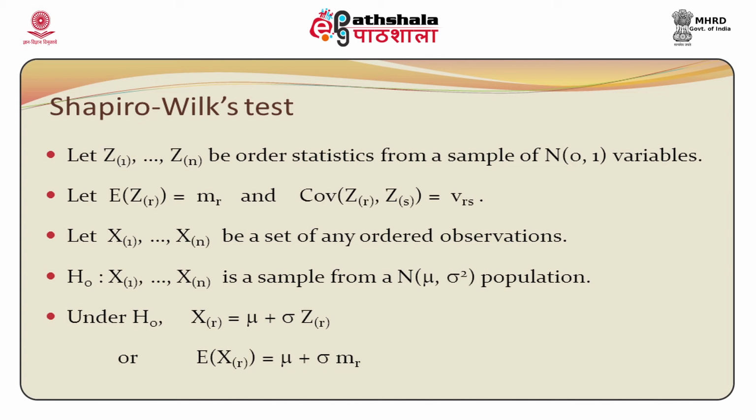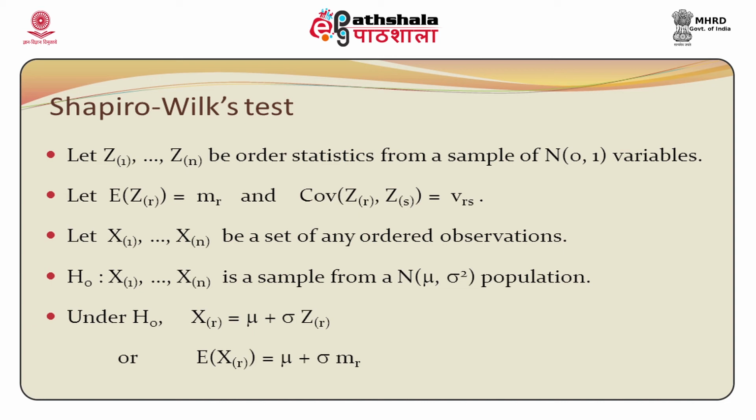Now, let x1, x2, ..., xn be a set of any ordered observations. So, this is a new set of observations that we are given, and what we want to do is test the null hypothesis that this x1, x2, ..., xn is a sample from a normal mu, sigma square population. Now, under the null hypothesis, x_r minus mu by sigma would be standard normal.